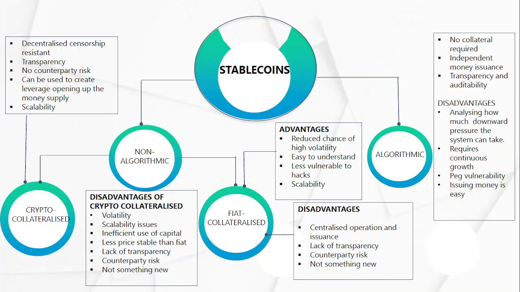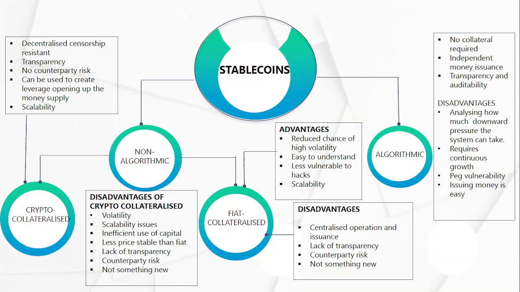It's also less price stable than fiat. The other category is algorithmic stablecoins. There's no collateralization here, but as the name suggests, it's all mathematically configured.